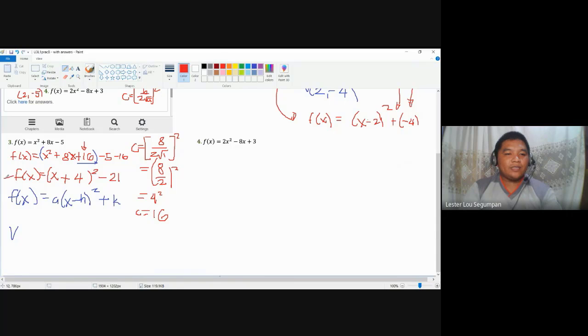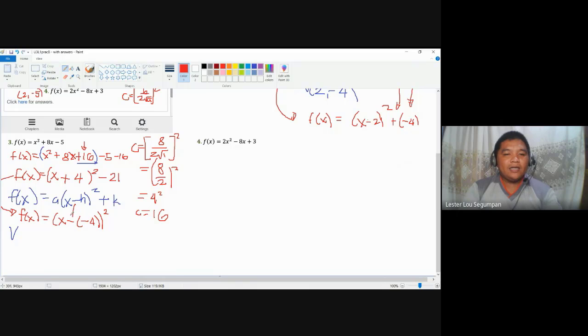We could express this further as f of x so that we have a pattern: x minus negative 4 squared. The double negative property here will just be plus, so they are just the same. And why do we make it this form?